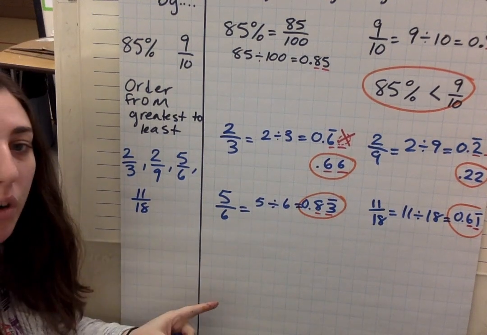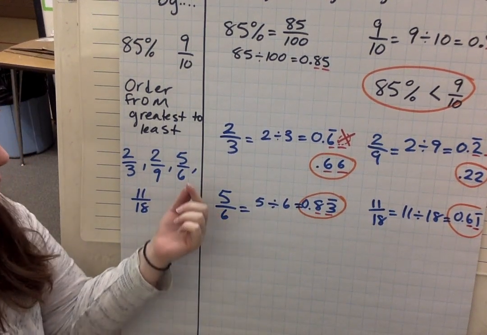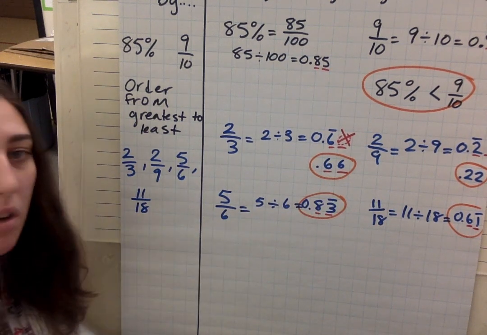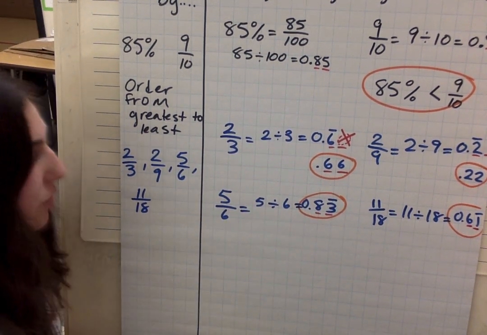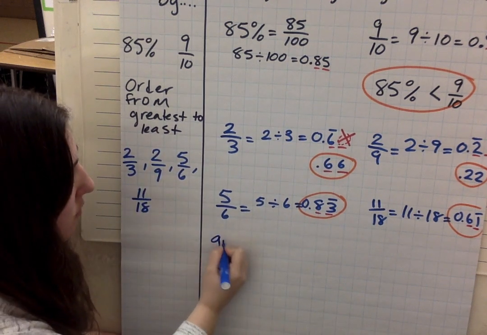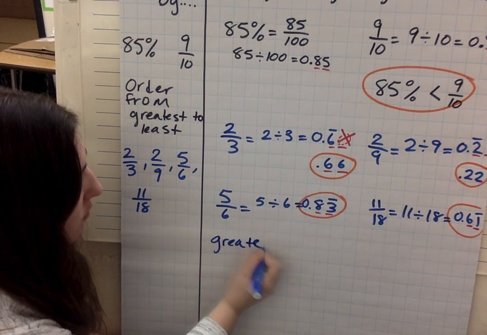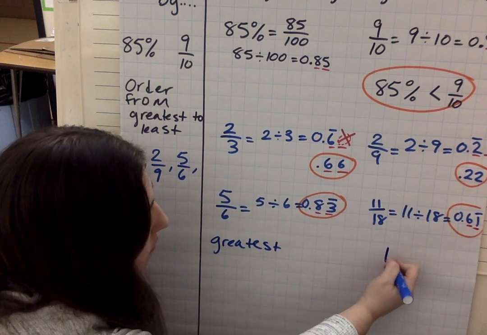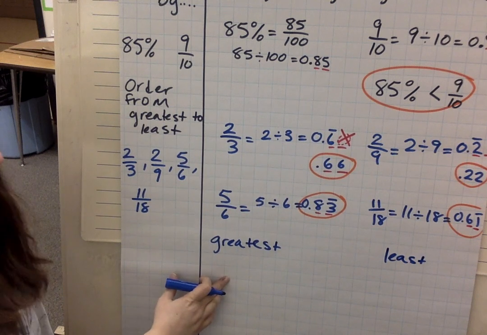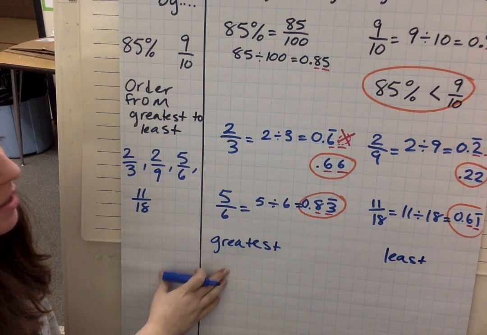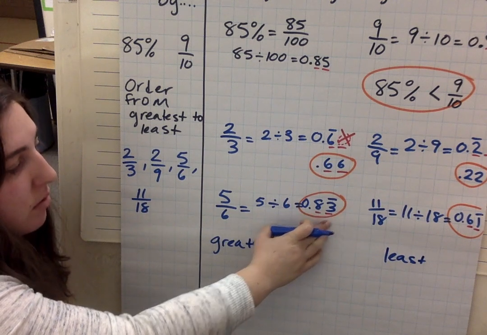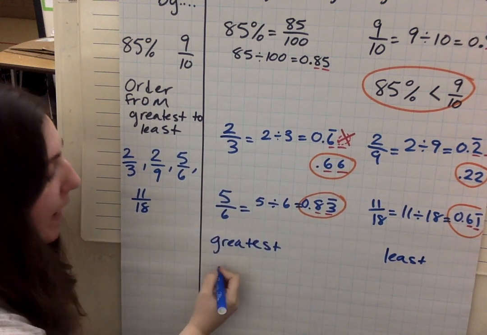And remember, when I'm ordering them, I need to order them with the original fractions given. Okay, so my largest decimal, because it's greatest to least, looks to be 0.83. And I'm going to use it in fraction form.